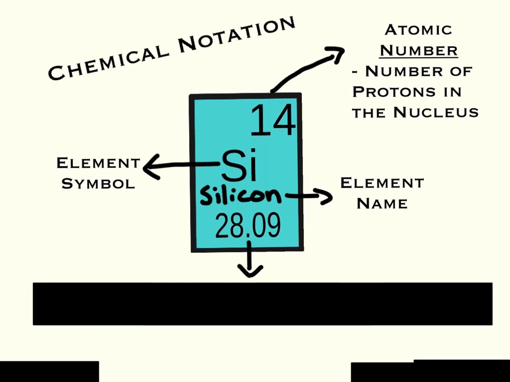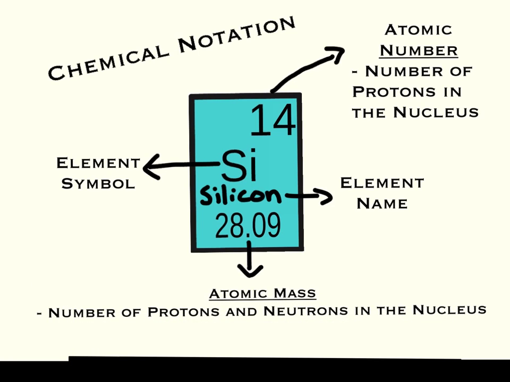We look at that number, which is the atomic mass, and that tells me how many protons and neutrons are in the nucleus. Typically the second number is a bigger number, and it's also a decimal. So it represents the number of protons and neutrons in the nucleus.